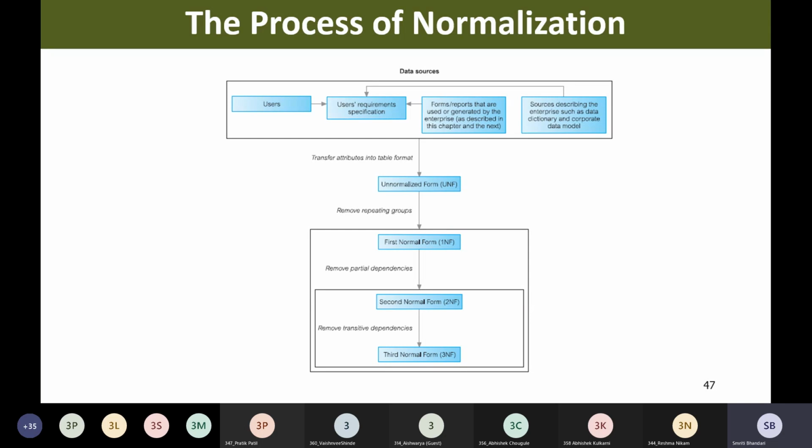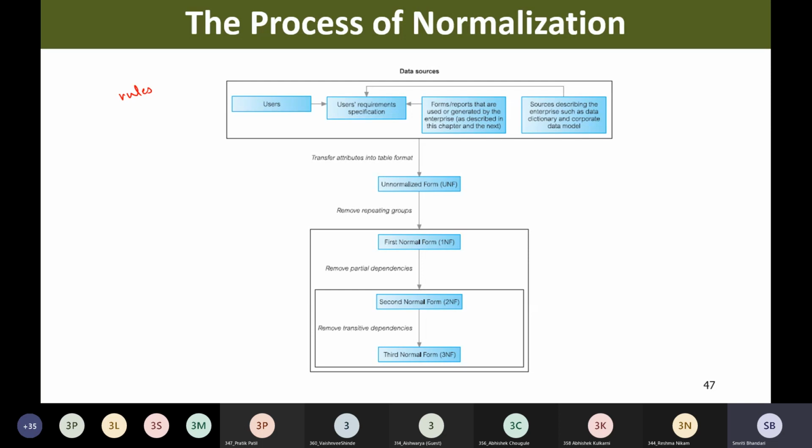So, normalization is a formal technique for analyzing relations based on the candidate keys and functional dependencies. So, this technique basically involves a series of rules.